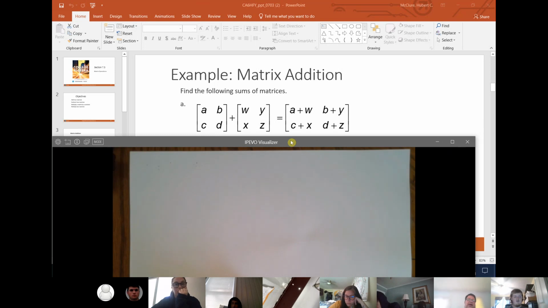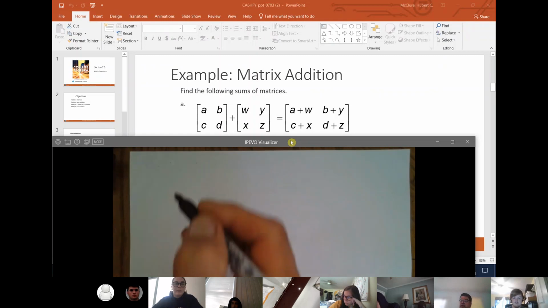Now, you don't do this a lot, okay? You don't do it a whole lot unless you're in programming. So that's why I'm not going to really push it on the test. I might put 1 or 2 adding, but you really don't add or multiply matrices very much.